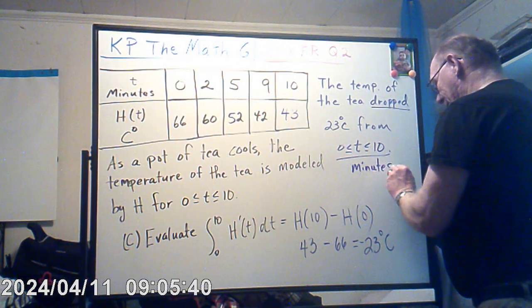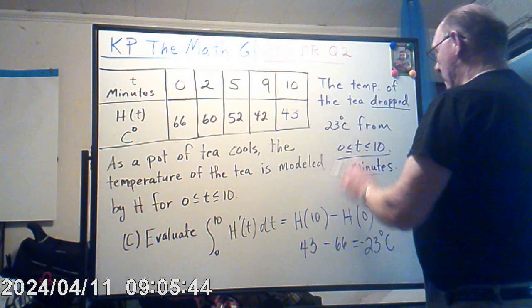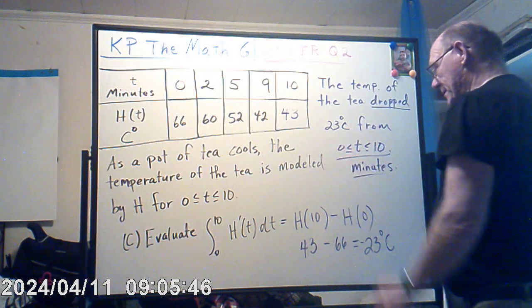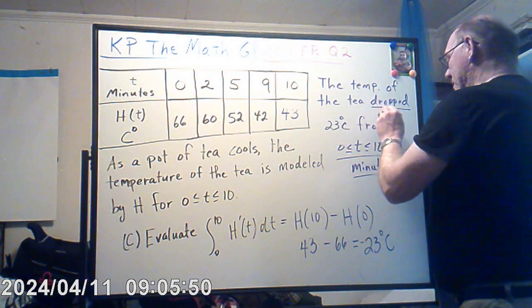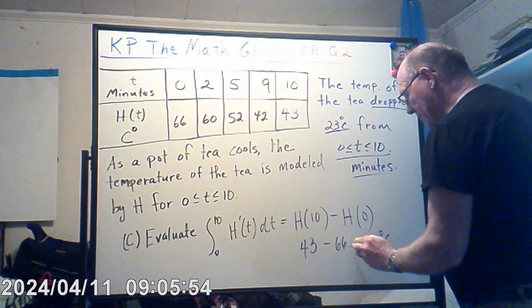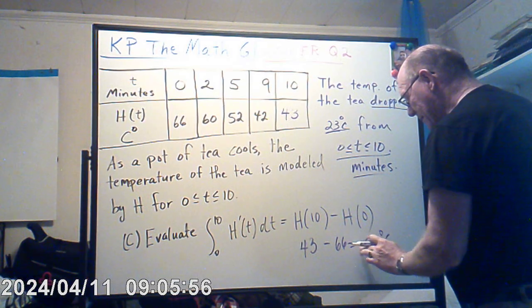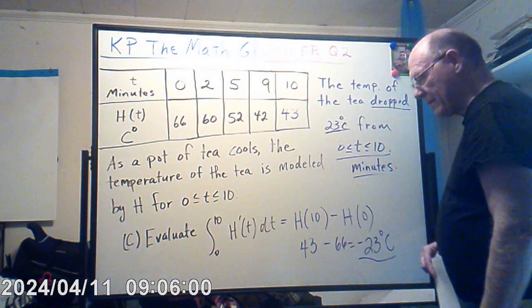Yeah, they do have it in minutes. Okay, there it is. Or maybe on the interval, you can say anything like that, but the temperature of the tea dropped, and of course in your answer, you do want to have the negative sign. Okay, like that. Alright, there it is.